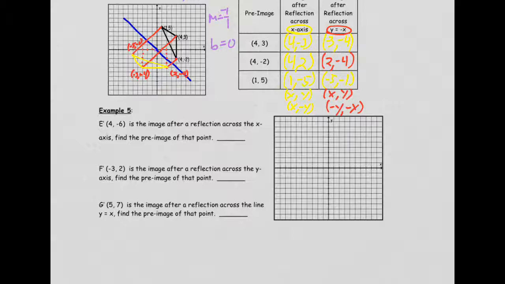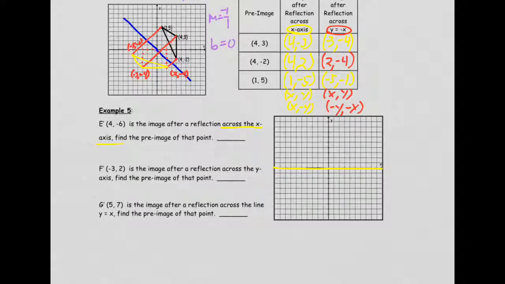And finally we get to example 5, and now we're talking about E prime. E prime is the image after a reflection across the x-axis. Find the pre-image of that point. Well, the nice thing is, since it's a reflection, you just have to do the same thing. We're going across the x-axis, so I'm going to highlight my x-axis here.